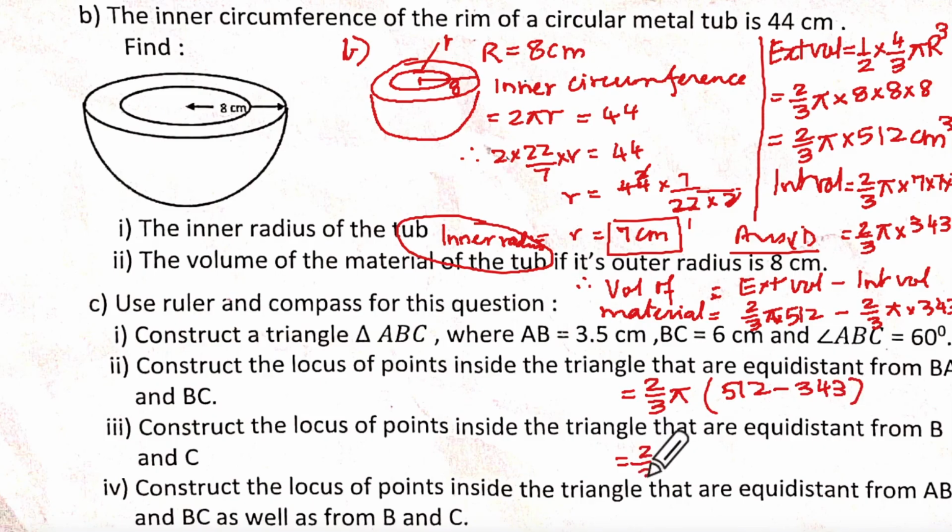That will give us 2 upon 3 pi, and I won't write pi, I want to write here 22 upon 7. And here when you subtract, what do you get? 169. So 3 ones and 3 goes 169. 169. क्या यार बच्चा तू भी.